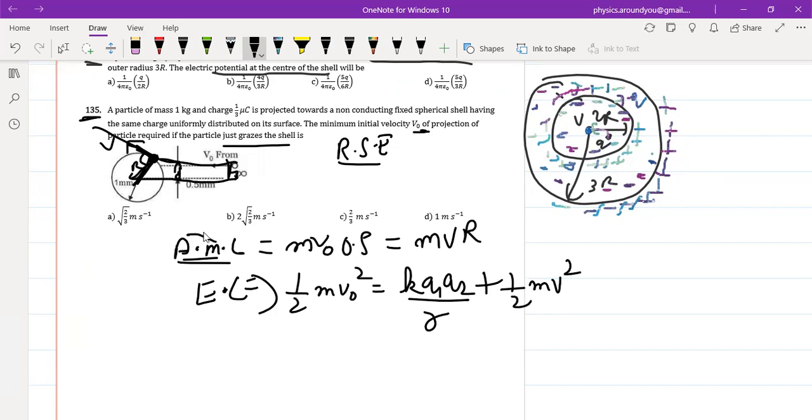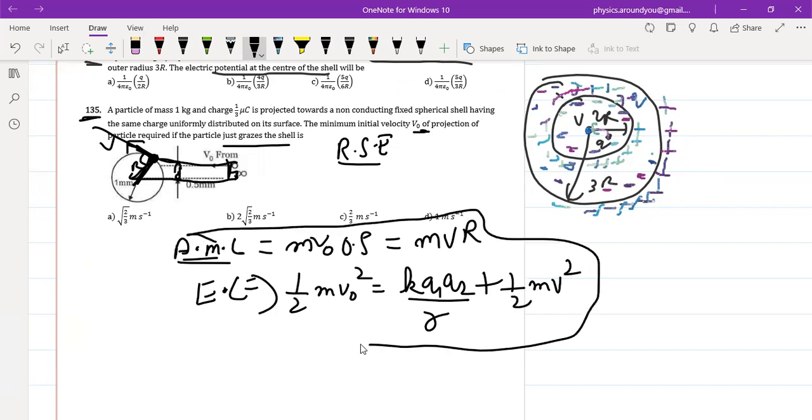So we have two golden conservation laws, angular momentum and energy conservation. So how do we guess it is angular momentum? It is just by that condition, just grazes the shell. Grazing means it has to do with directions. Wherever directions come into the picture, angular momentum conservation appears.